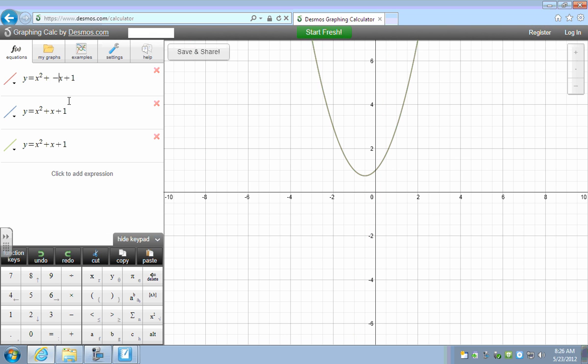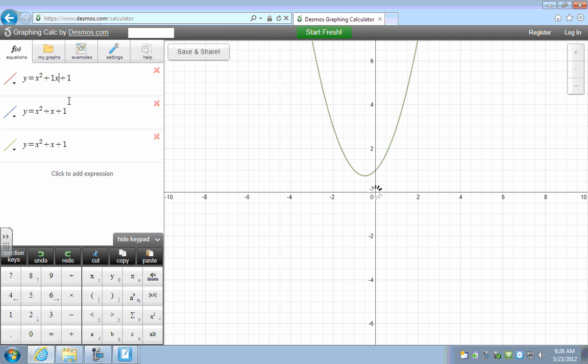What if we put -5 there? x squared minus 5x. What if we put -3? Okay, so you can see it's shifting in some way when we change the b value.